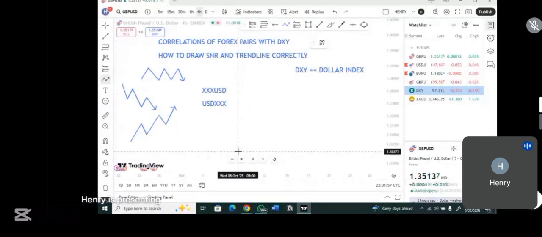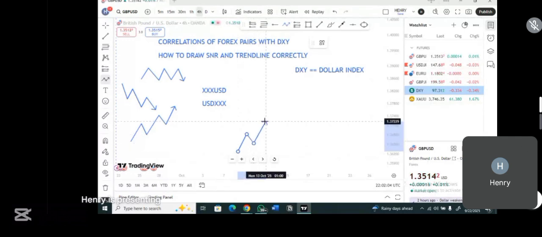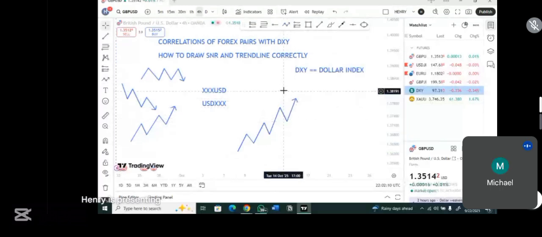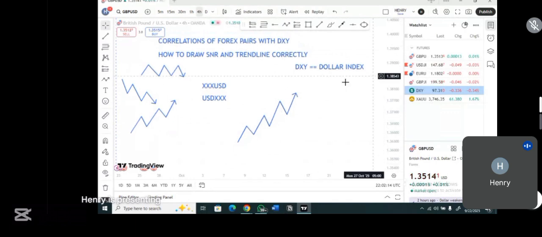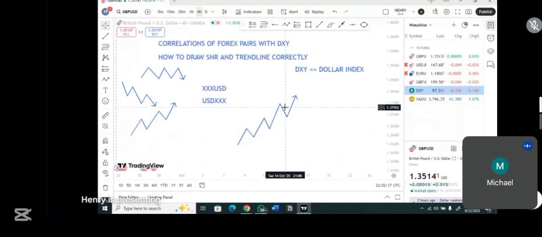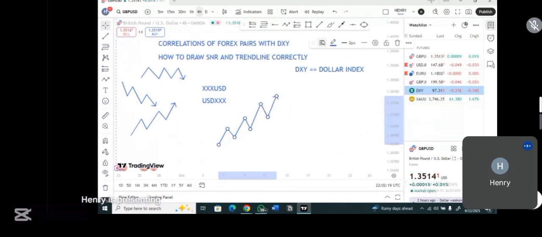This part is very confusing, so please look at this. This is an uptrend, the textbook definition of an uptrend.